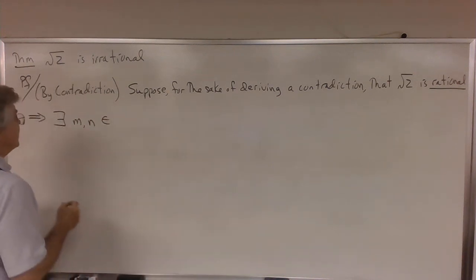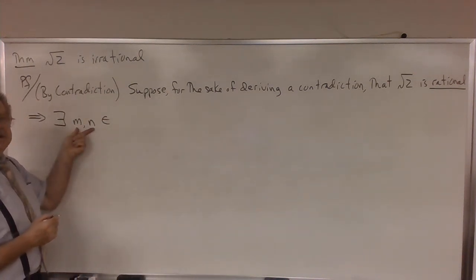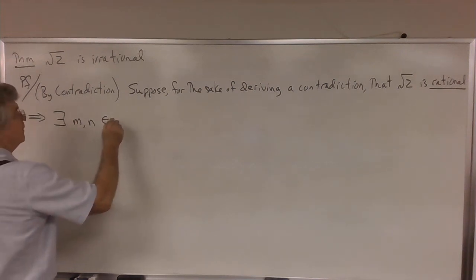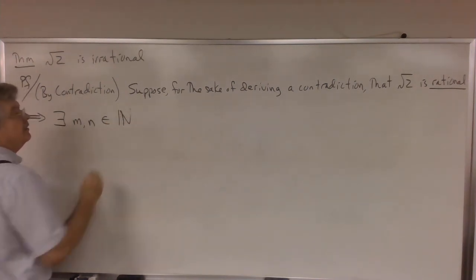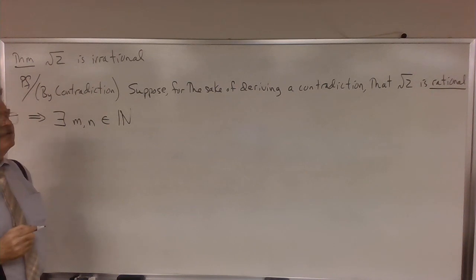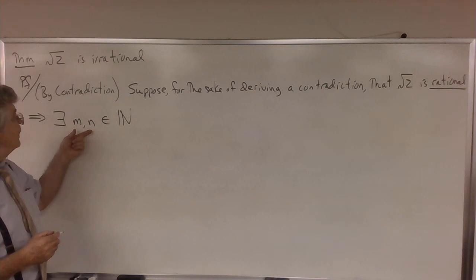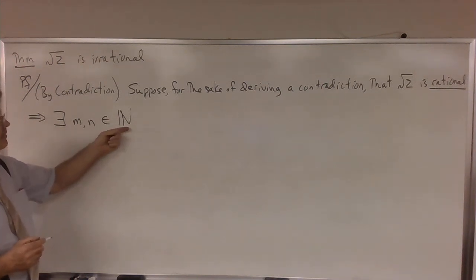It's positive. So not only are these going to be integers, they're going to be natural numbers. See, square root of 2 is rational, so it's the quotient of two integers. And since square root of 2 is positive, those two integers have to be the same sign. So I'll let m and n be natural numbers.